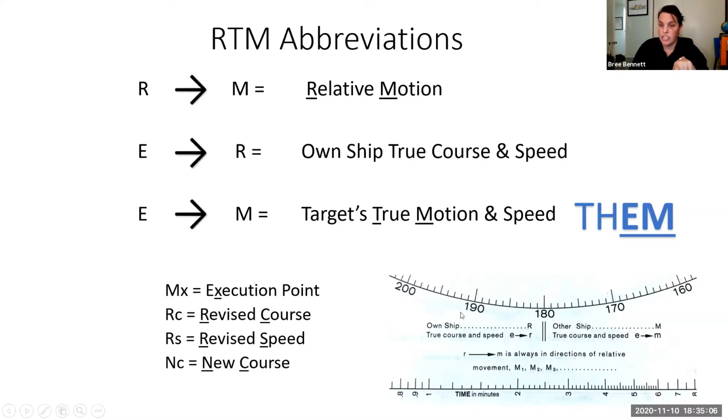On your radar plotting sheet at the bottom, it tells you this. So if you can't remember, reference the paper that you're using. So it tells you true course and speed, that's your own ship's true course and speed, is E to R. The other ship's true course and speed is E to M. R to M is always the direction of relative movement.